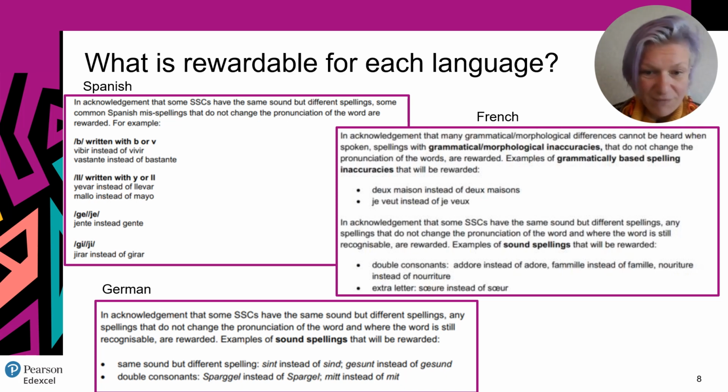So here we've got the T and the D at the end of the word sint and sint, which in fact are pronounced the same whether you spelled it with the D or the T. And we've talked about the use of double consonants, which technically is incorrect from a spelling perspective, but it's exactly the same in terms of the sound, and the word remains recognizable in its own right.